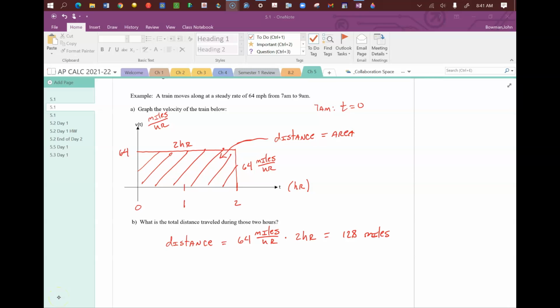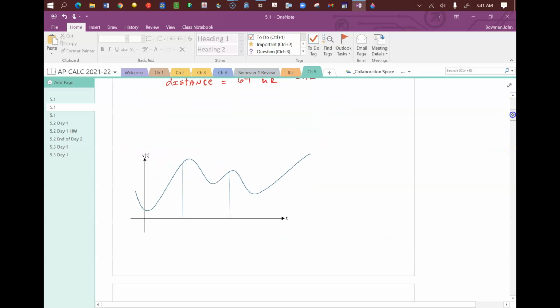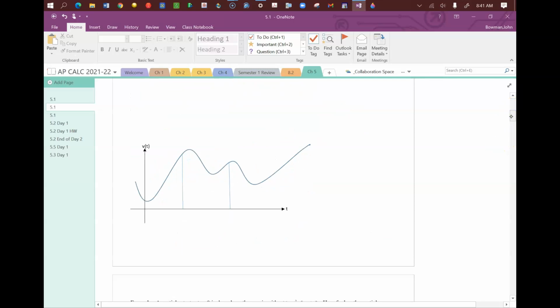Again, this is a very simple example, but the concept applies to more complicated examples like the next one, where the velocity was not constant but changing over an interval from time A to time B, and we wanted to find the distance.